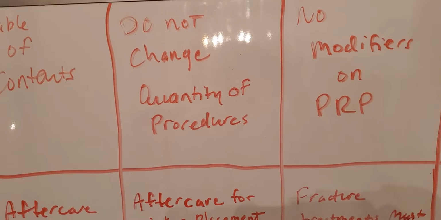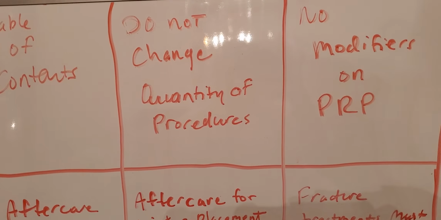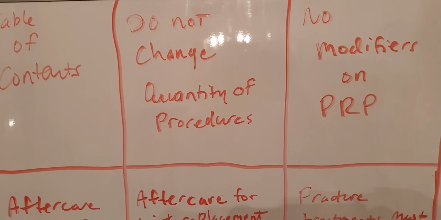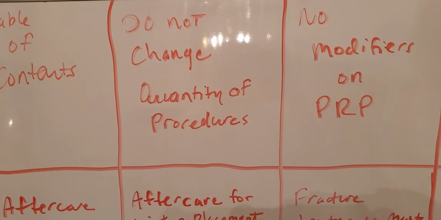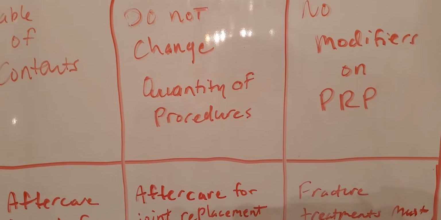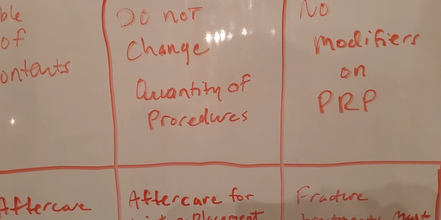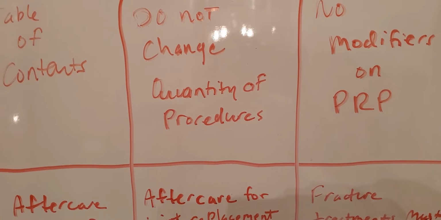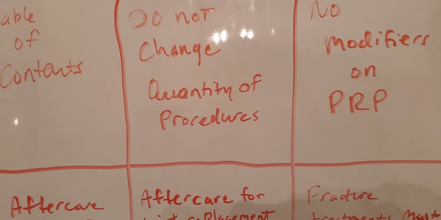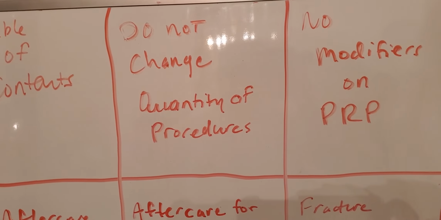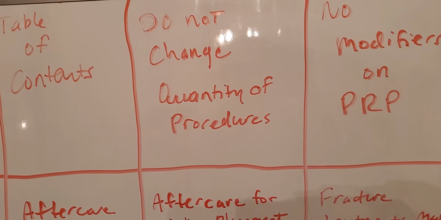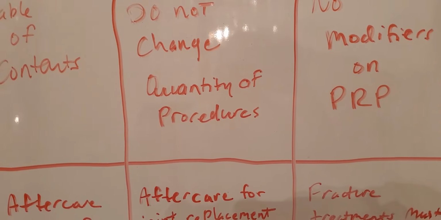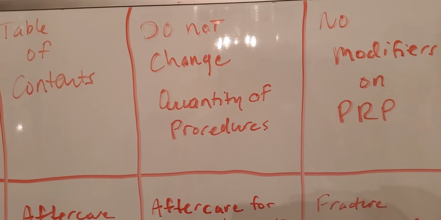For example, if they're doing a toenail removal, there's a certain amount, I think it's 1 to 4 nails removed, and then the other one is 5 or more, or maybe 1 to 3, I'm not sure. Anyway, something like that, the quantity is already included in that. If they're burning off a lesion, up to 14 lesions is already in the code. You don't have to select the quantity, okay? So that's what I want to remind them of.